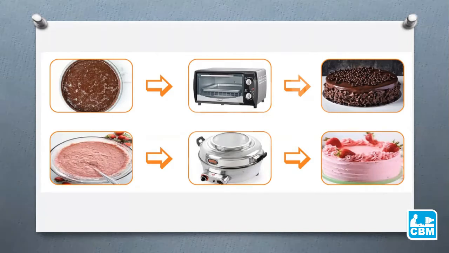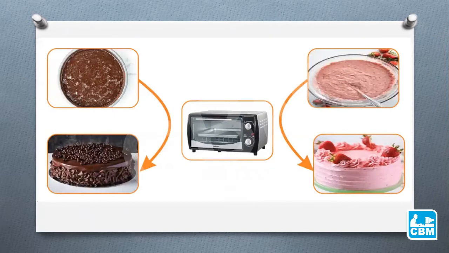It is difficult to handle the ovens and is not at all cost effective. So instead of using two different ovens to produce the cakes, we can use a single oven to produce the two cakes. Here, the same oven is being used to make the chocolate cake as well as the strawberry cake.